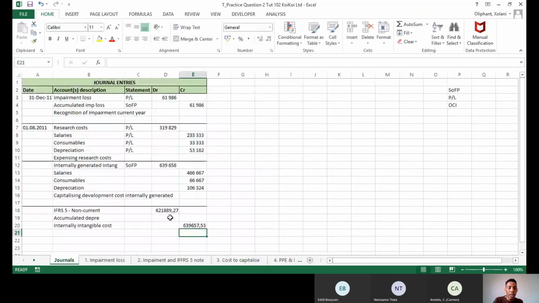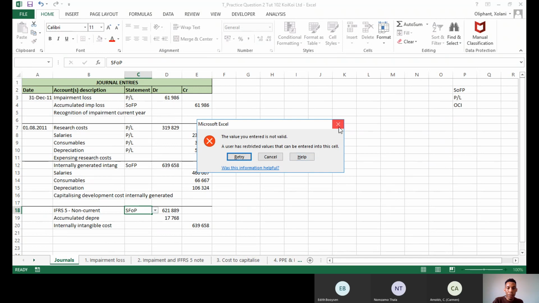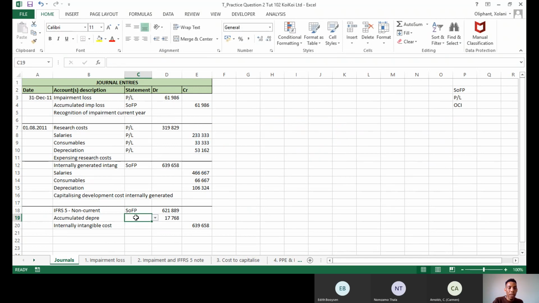And then the difference between these two would have been your accumulated depreciation, which is the amount that you've recognized for depreciation. This would have been in the SFP, same as this one, and same as this one as well, because we now need to take it out under intangibles, and any depreciation that was previously recognized must be taken out, and then we recognize a new asset under IFRS 5.